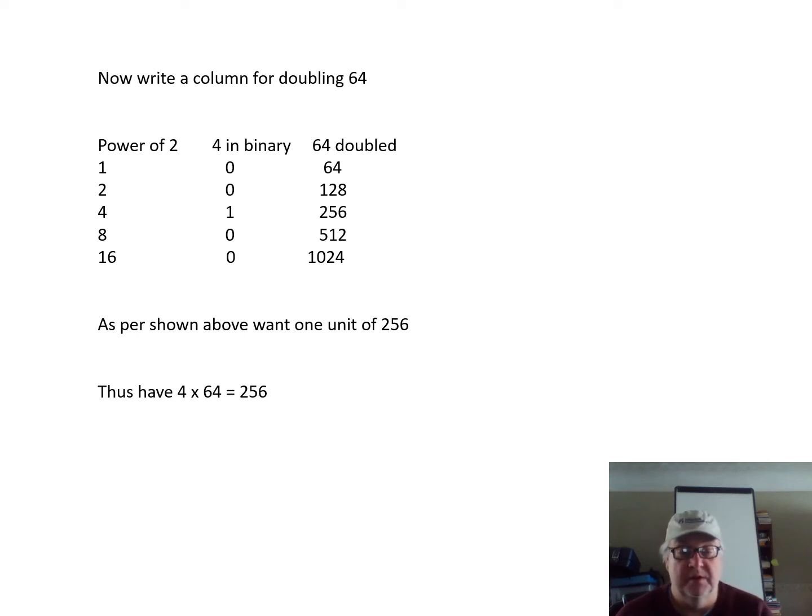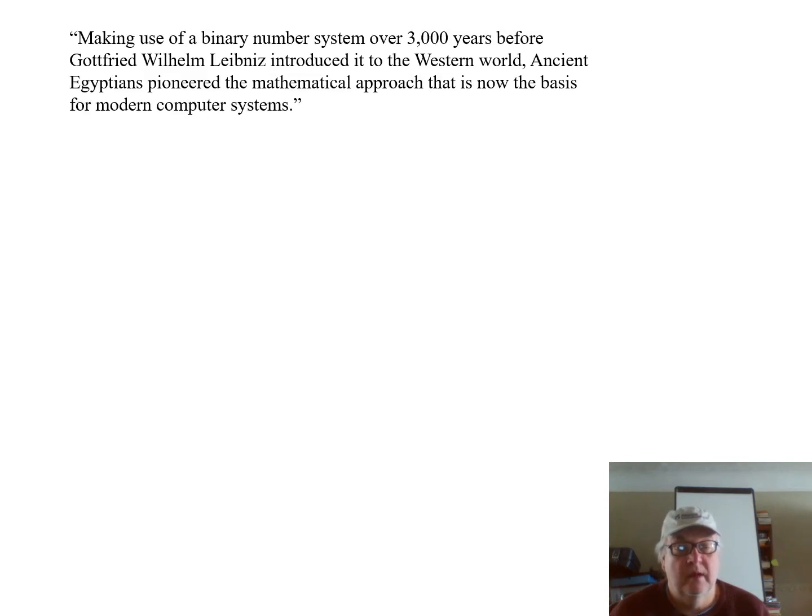And that gives you 256. 4 in binary is 1 0 0, and that tells you you want to take 1 of that 256. Making use of the binary number system over 3,000 years before Leibniz introduced it to the Western world, ancient Egyptians pioneered the mathematical approach that is now the basis for modern computer systems.